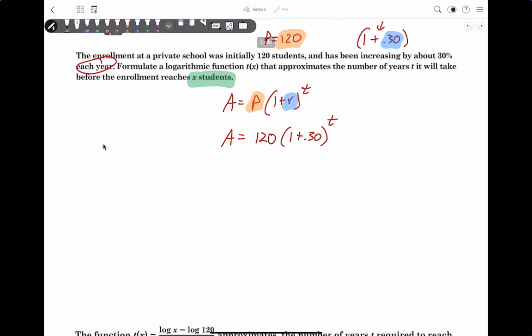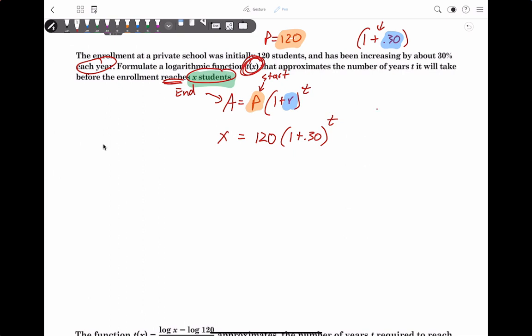The a over here is where you end up. So you start and you end. Well, they're saying that it reaches x students. So they're trying to confuse you just a little bit with variables. We want it just to become x. Okay? And our goal right now is to create a t of x function. Basically, just solve for t.